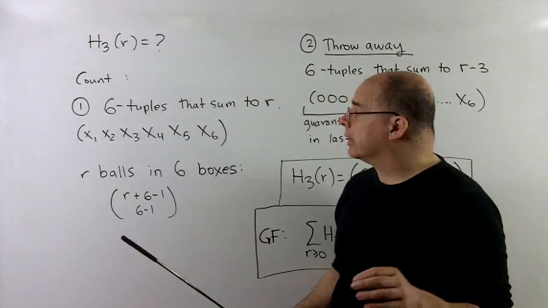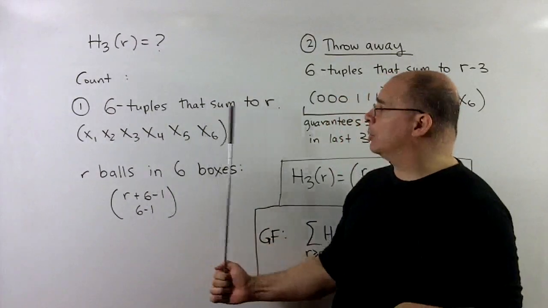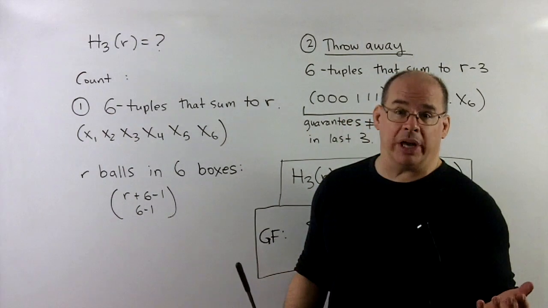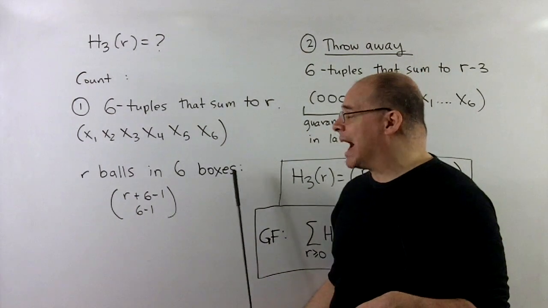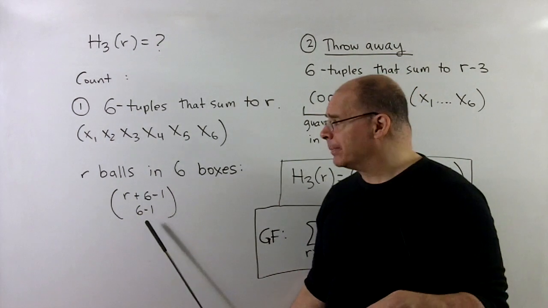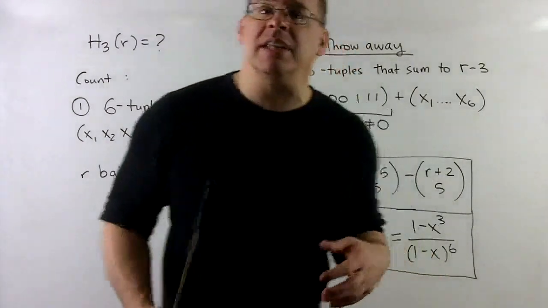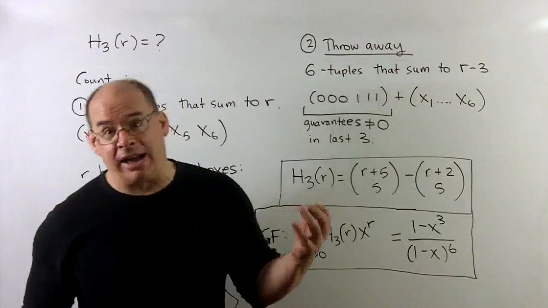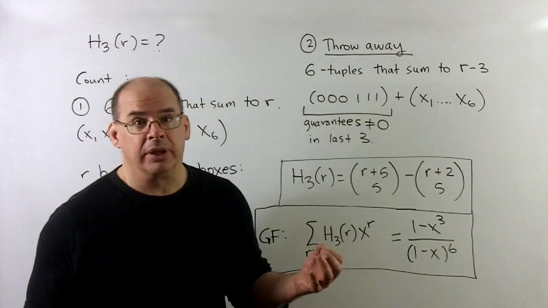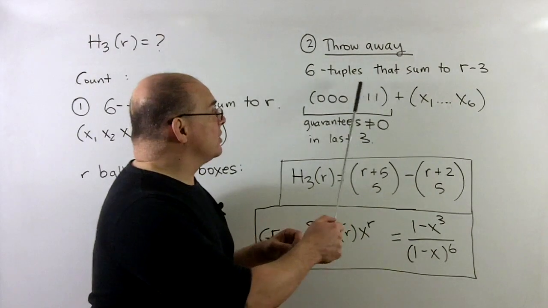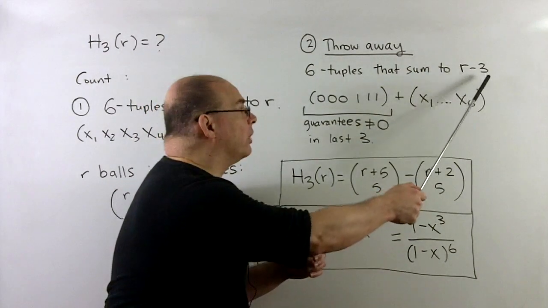For the count, if I count all 6-tuples that sum to R, well, this is just multiset counting. We're putting R balls in 6 boxes. So that gives us R plus 5 choose 5. And then to guarantee the 0 condition, what we're going to do is throw away everything that violates the 0 condition. Now to do that, I'm going to take all 6-tuples that sum to R minus 3.